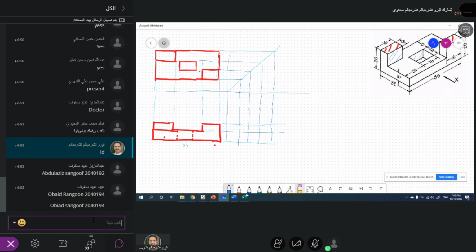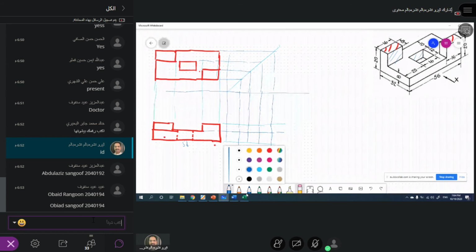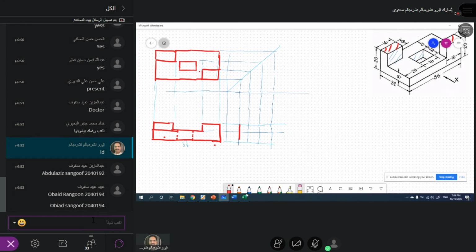So now when I see from this other side, it should be like this corner, this should be like this.